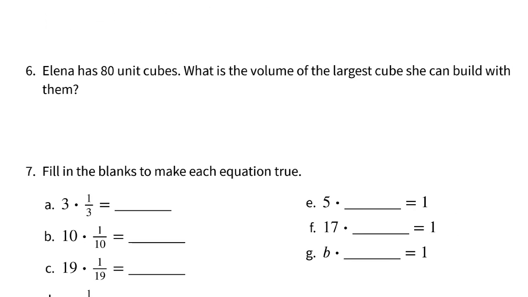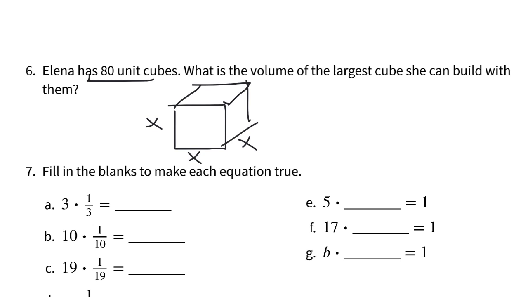Number 6. Elena has 80 unit cubes. What is the volume of the largest cube she could build? The largest cube, right? So remember, a cube is that 3-dimensional figure where the edges are all the same, and we need this number and this number to be the same, and they're going to multiply to be something no larger than 80.